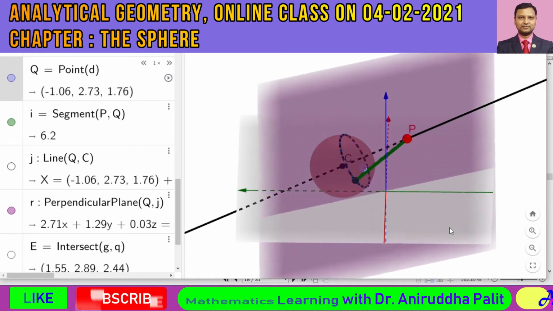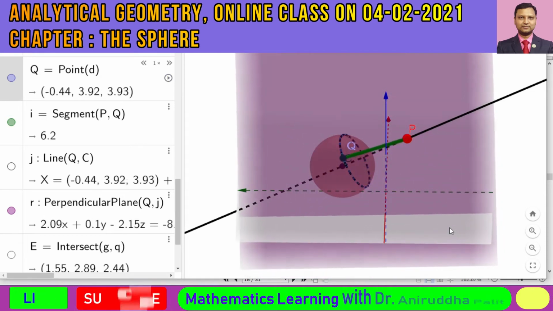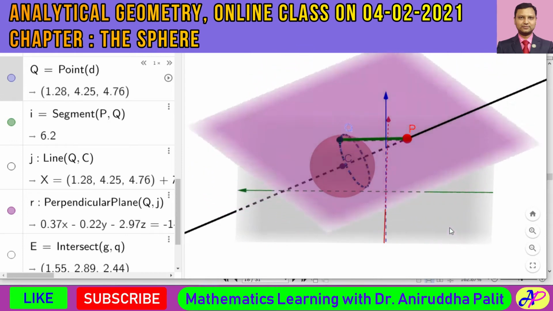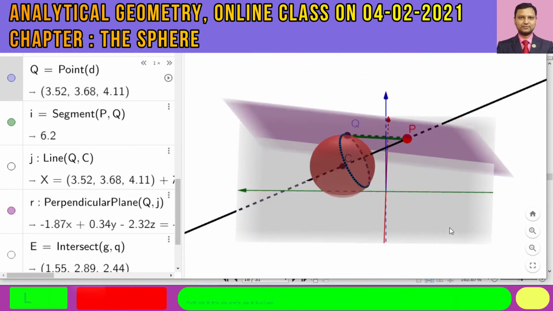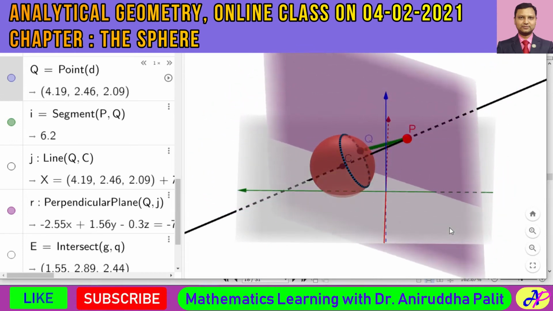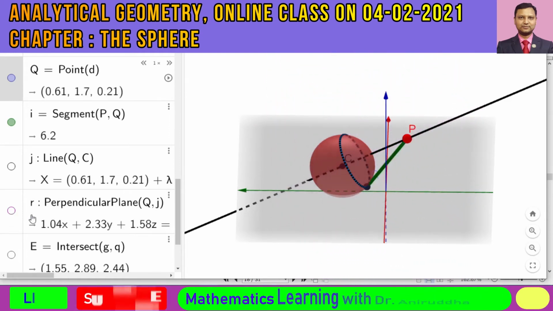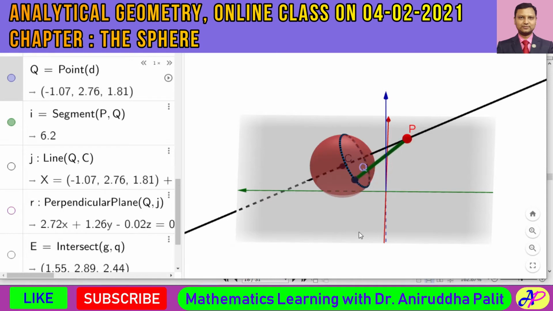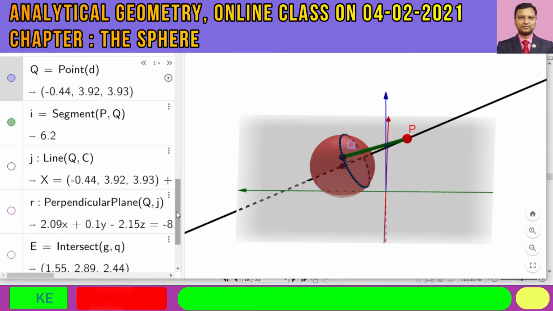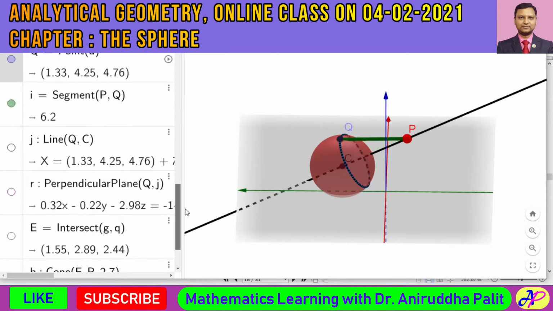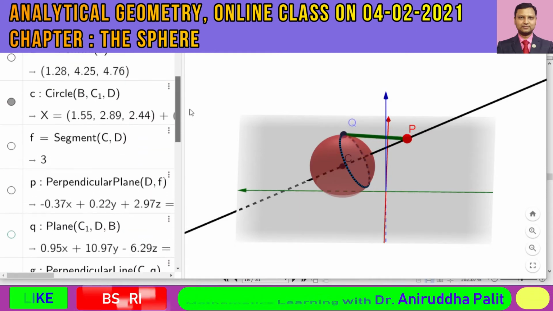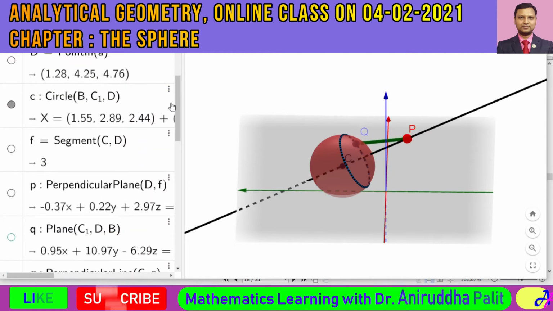The position of the point P is fixed, and therefore it can be shown that the point Q will always lie on a plane. And that plane is this kind of plane.